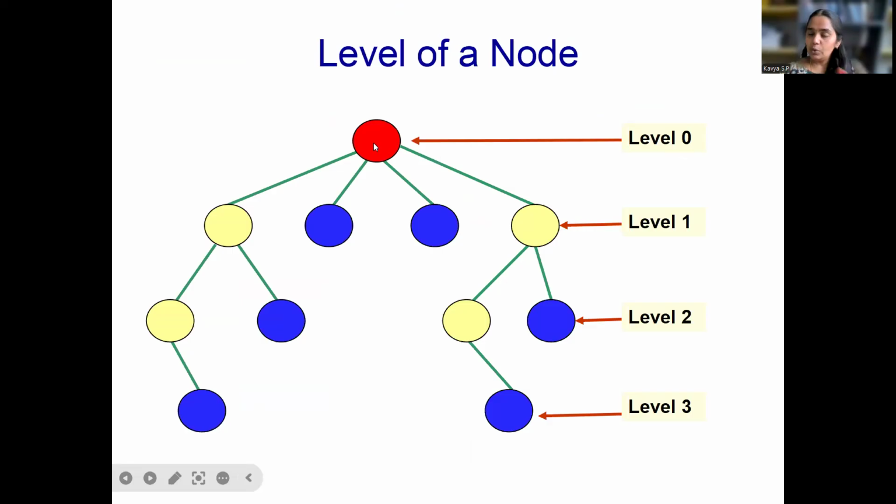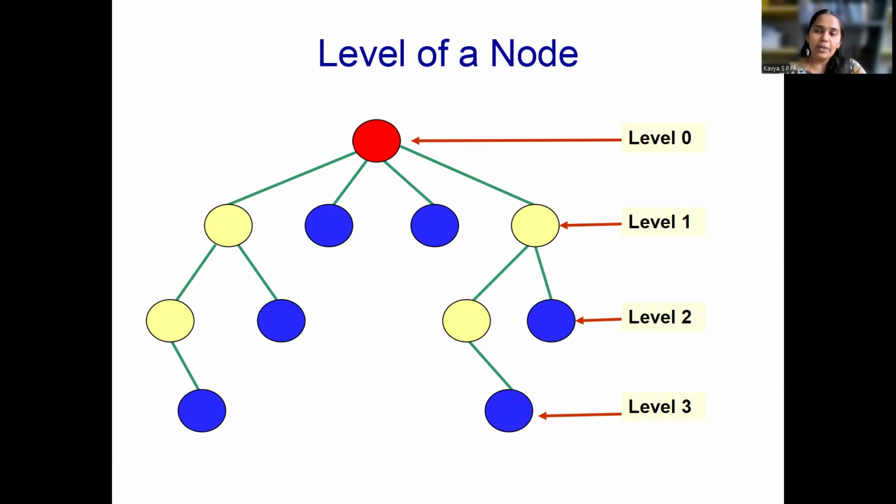So the root node will always be in level 0, and the further predecessors will have their level incremented by 1. This root node at level 0 has 4 child nodes, each of which falls in level 1, and only 2 of them have child nodes, whose children all fall under level 2, and among these, only this one has a child node and it falls in level 3.